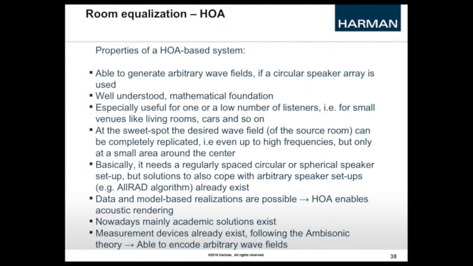Okay. So with the higher order ambisonic systems, we are able to generate, like with the MIMO as well as with the wavefield synthesis, an arbitrary wave field. But here the limitation is that we have to use a circular speaker arrangement. It is also nowadays well understood, mathematically at least, and it is useful especially if the area where we would like to reproduce the desired wave field is small.